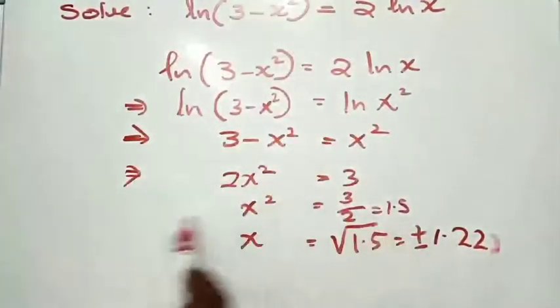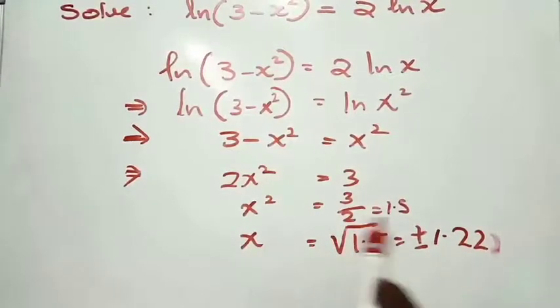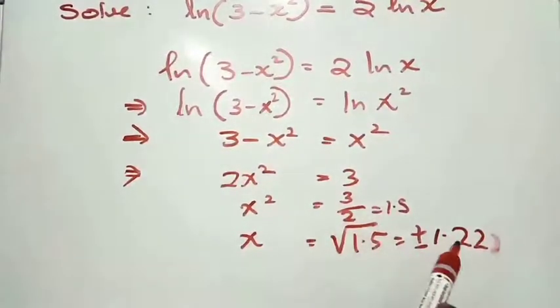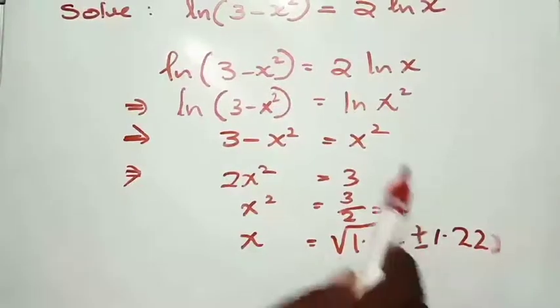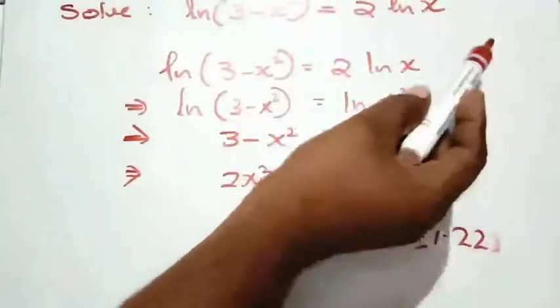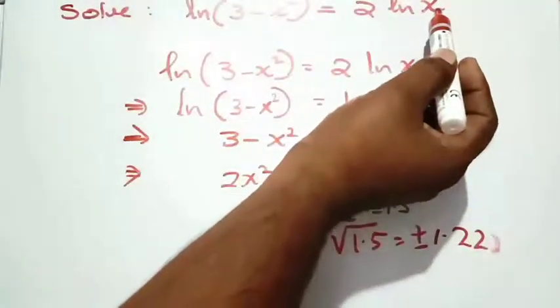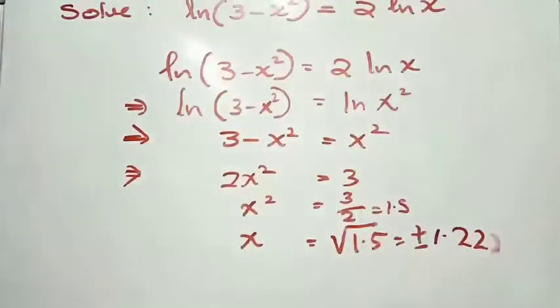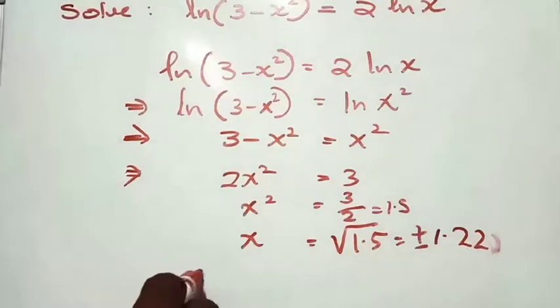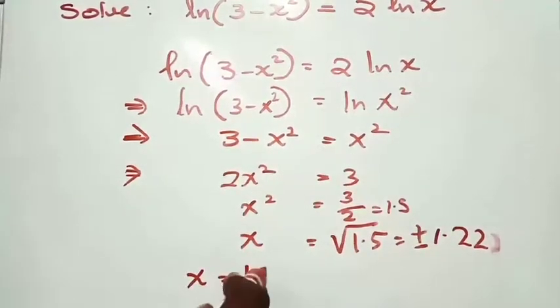So x has two values: plus 1.22 and minus 1.22. But if you consider x as minus 1.22, we get the logarithm of a negative number. As the logarithm of a negative number is not possible, the solution for x is 1.22.